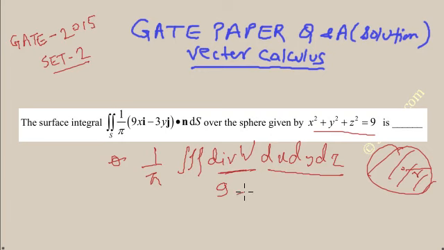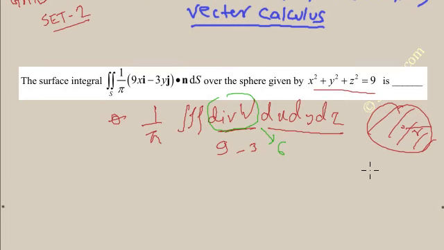So 9 minus 3, that is 6. So you can replace it by 6, and the triple integration over the entire volume is the volume of this sphere, and the volume of a sphere is given by 4 by 3 pi r cubed.